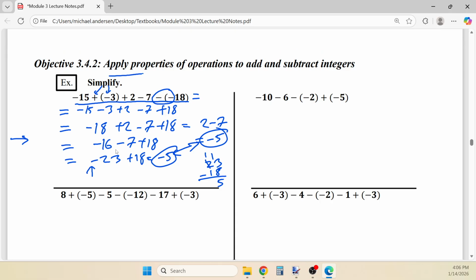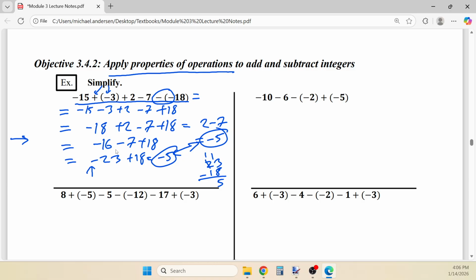So these properties of operations that it's talking about, that's the associativity and the commutativity of addition that we talked about in class. The ability to rearrange the order when you're adding and subtracting without changing the value that you end up with at the end.